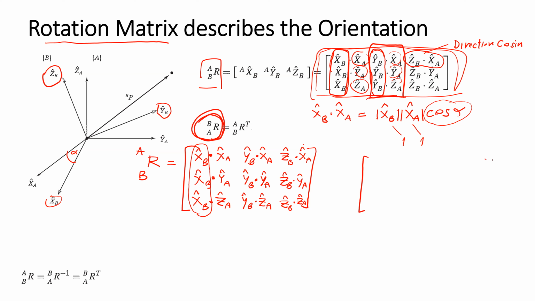If we want to do A with respect to B, we need to begin with the x component of A, and see what angle it makes with the x of B, y of B, and z of B, right?